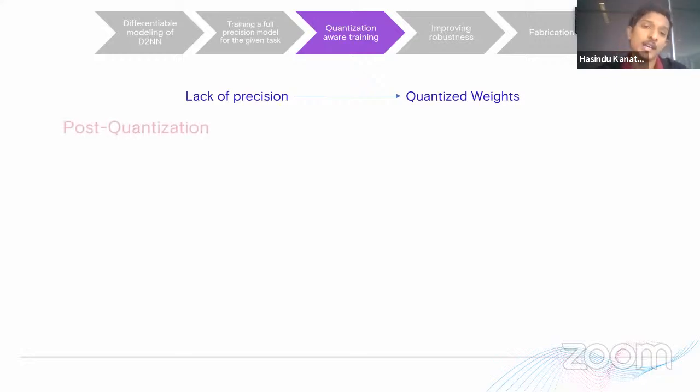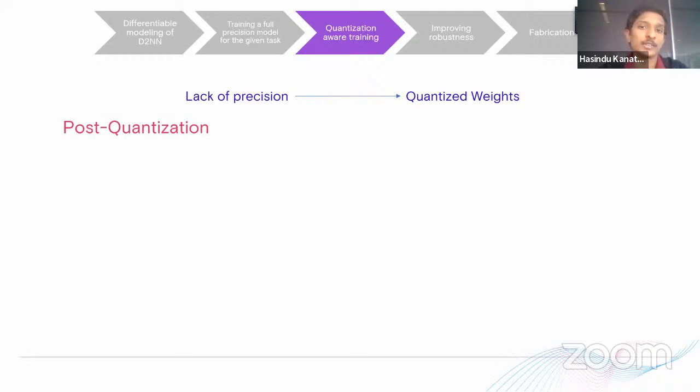Now when we go to quantization aware training, as I explained earlier, in these fabrication techniques we have the issue of a lack of precision. Therefore we have to have quantized weights in the network. One of the straightforward methods to do this quantization is post quantization.